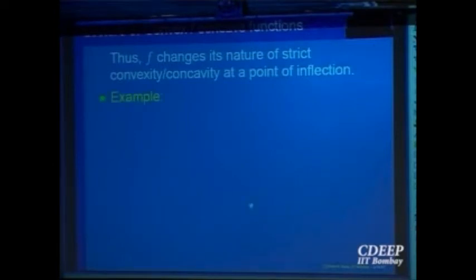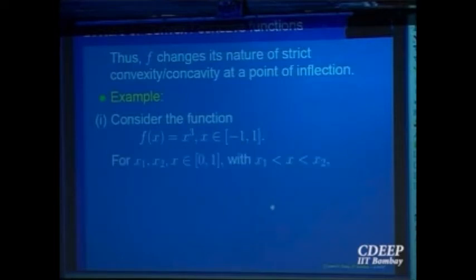So let us look at one or two examples to illustrate. Let us look at the function f of x equal to x cube, x between minus 1 and 1. Let us look at x1 and x2 in the interval 0 to 1, take two points. Let us look at the value of f of x minus f of x1. By the formula of the function, it is x cube minus x1 cube.